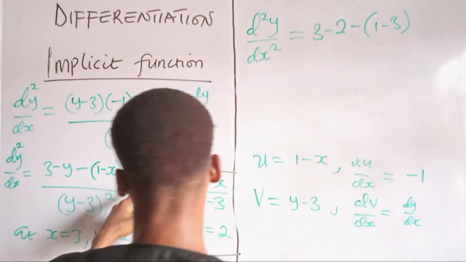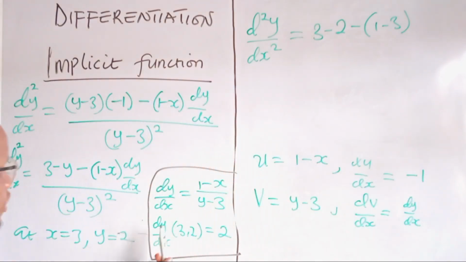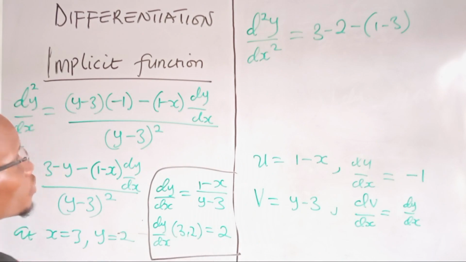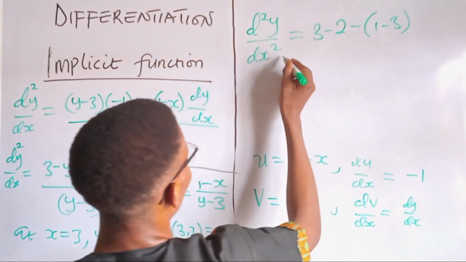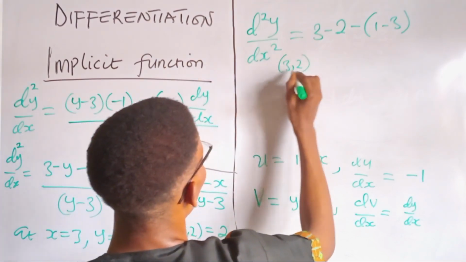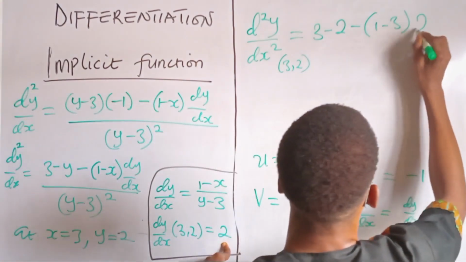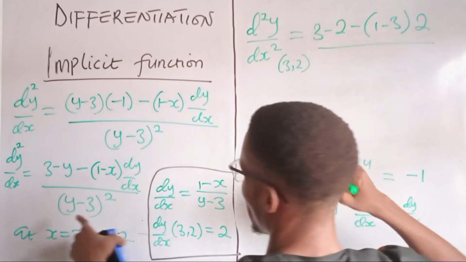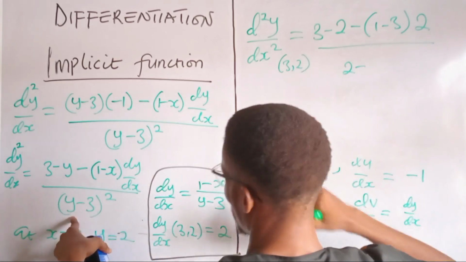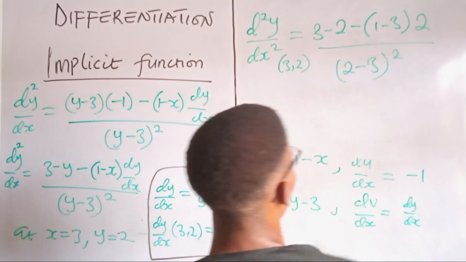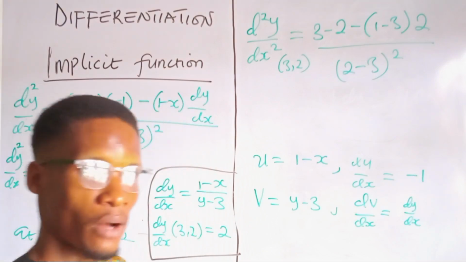Then dy over dx, remember we got dy over dx at this point to be 2, because we are treating this now at 3 and 2. You can say 2 divided by, then y is 2 minus 3, all squared. That's how you solve this.